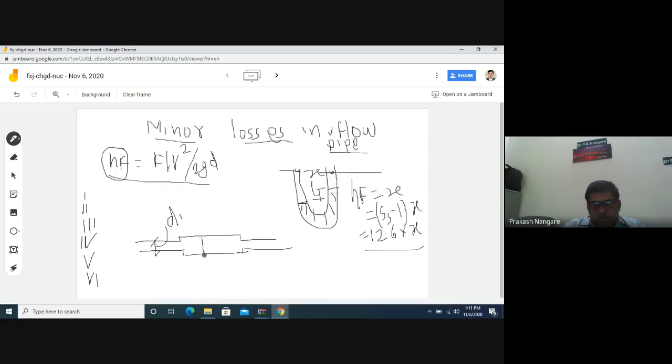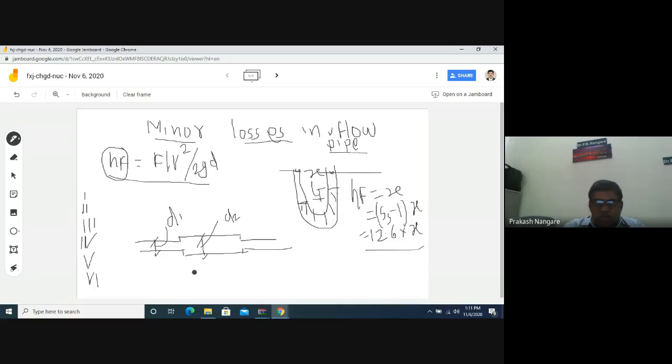The diameter for this enlarged section is D2. Or suppose you want to observe the losses between the enlargement section and this contracted section. Then in the same way you carry it out. Either this diameter remains the same or equal to D1.